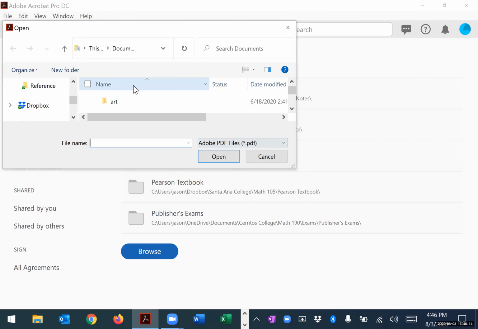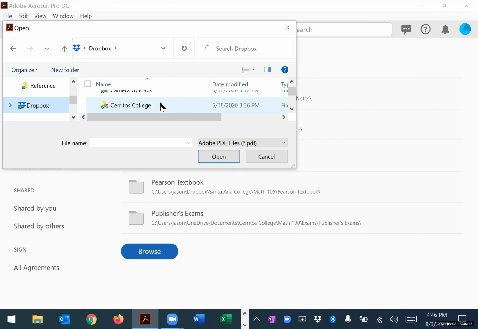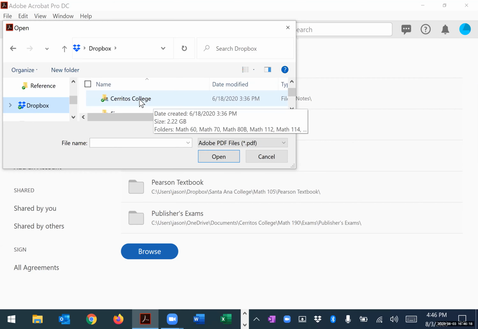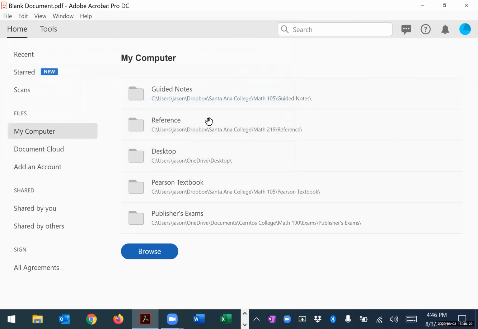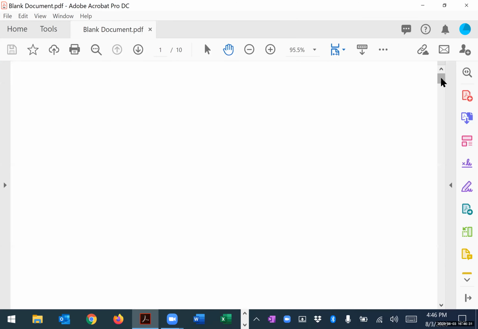Okay, so where is it? It's in my Dropbox. Thank you very much. It's Cerritos College, and it's reference. Okay, here's the reference. I want to go down to blank document. Okay, and this should give me enough space to write on. Can I write on this? Is it going to allow me to write?